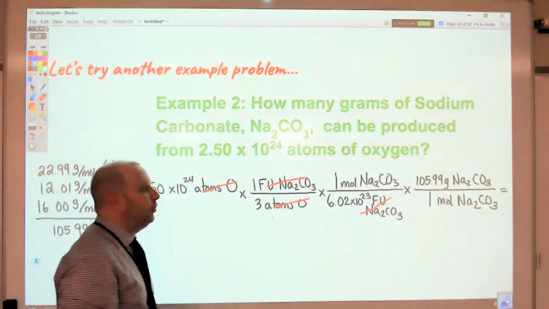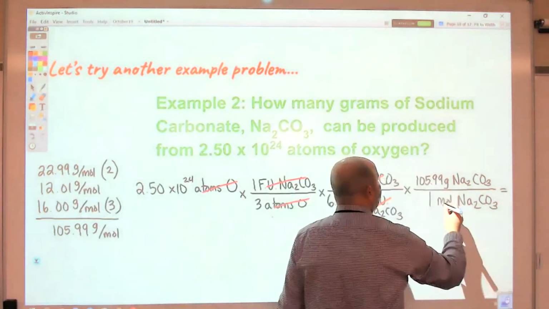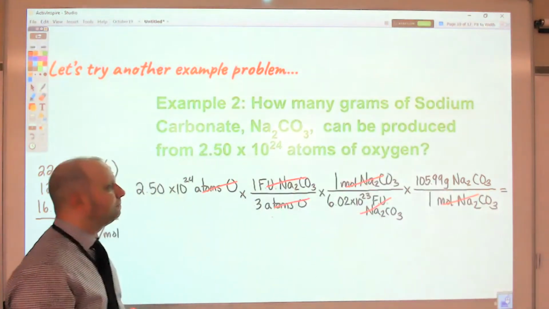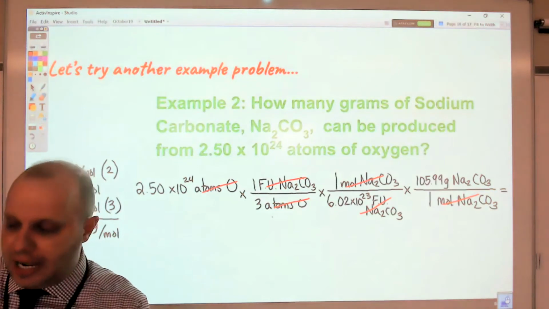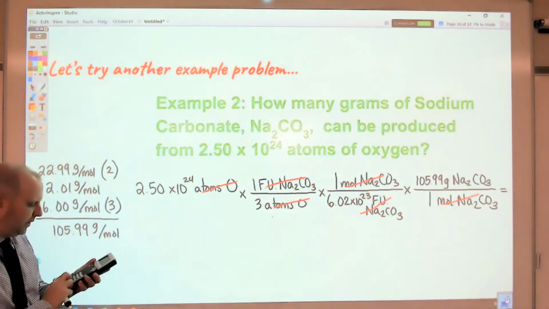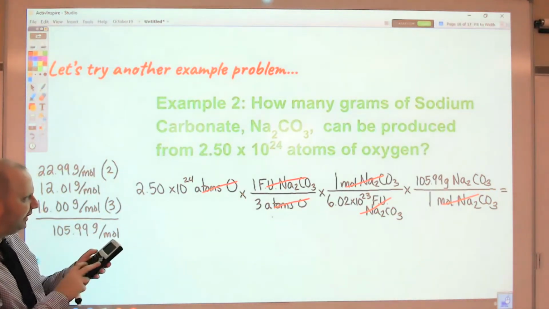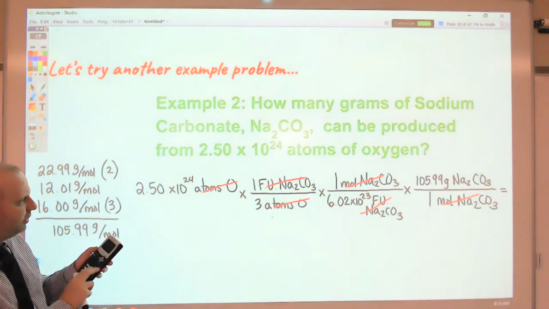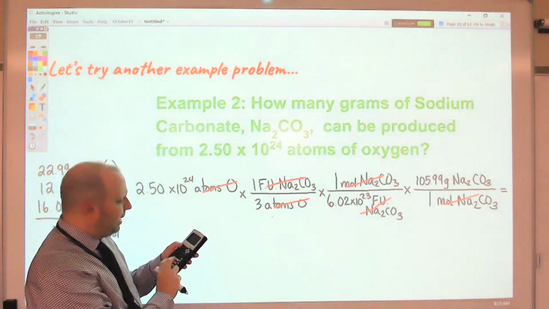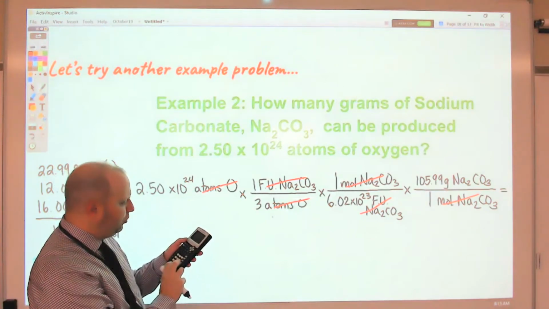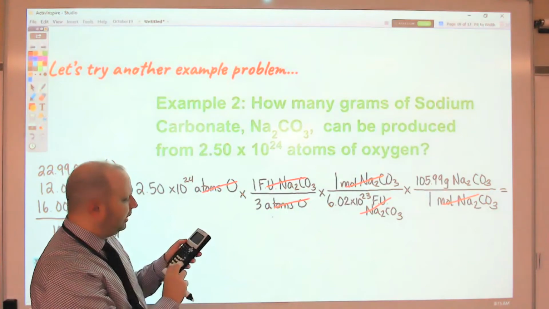That will cancel out units of moles. That will drop out there. Typing this into my calculator, I'm going to get 2.5 e to the 24th divided by 3, because it's on the bottom, divided by Avogadro's number, 6.02 e to the 23rd, times 105.99.